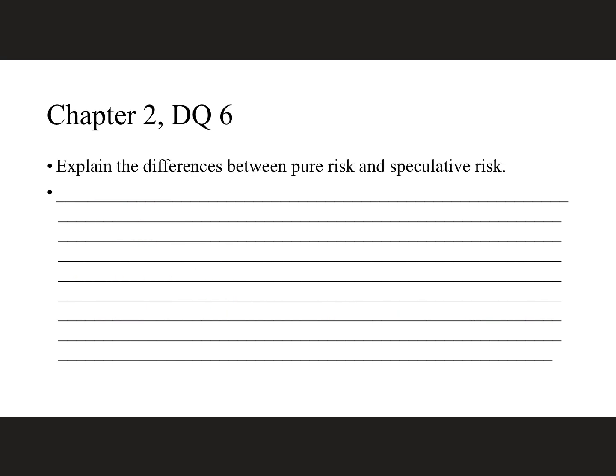Okay, number 6. Question is, explain the differences between pure risk and speculative risk. All right, pure risk. Basically, what this means is that there is a chance of loss or no loss.